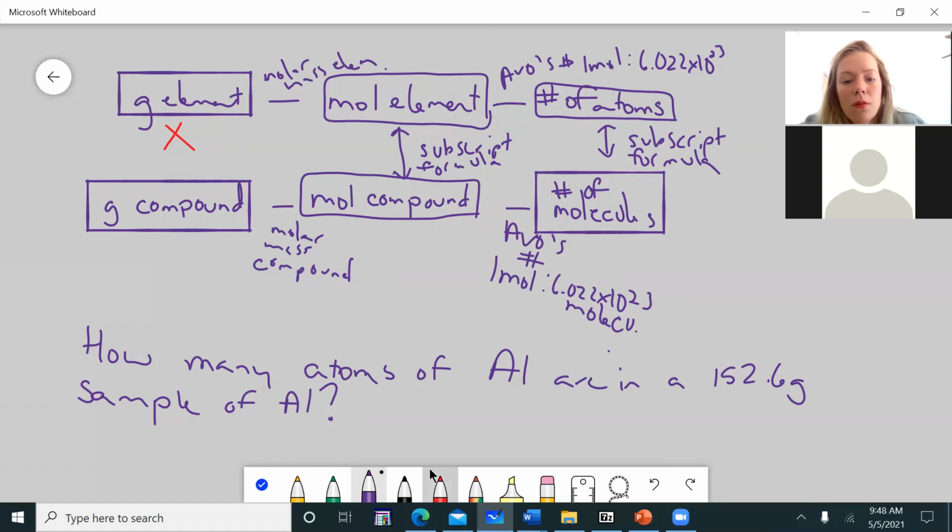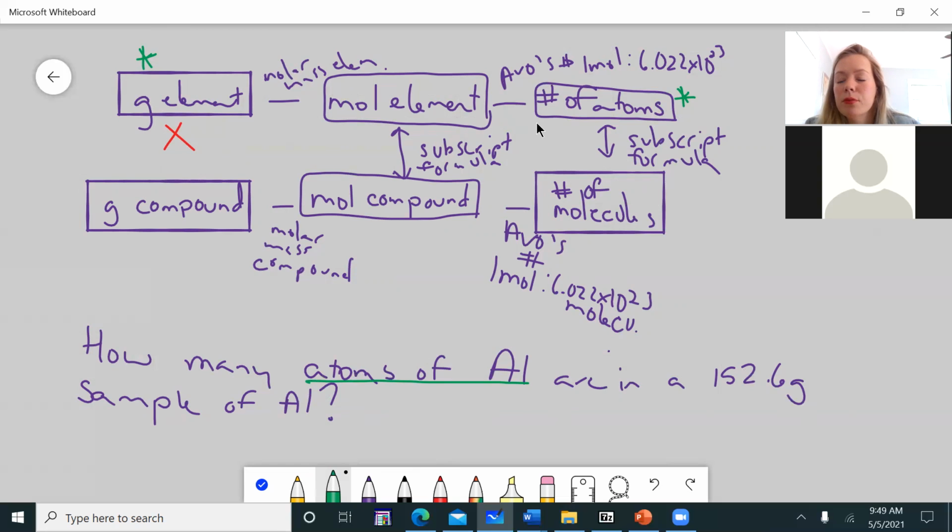Okay, so for this problem here, we're trying to find atoms of aluminum. So I want to find this area on the flow chart. I'm given grams of aluminum. Both are dealing with just the element.